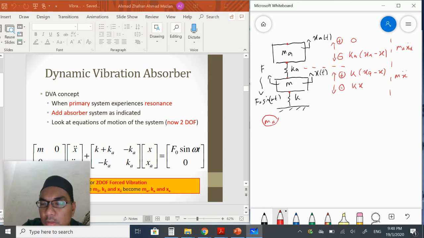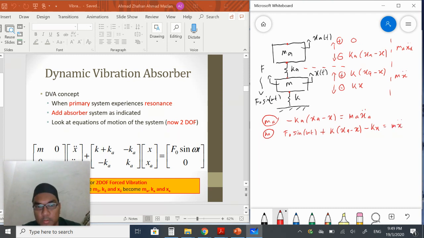From this, we can write down the equation of motion for the MA. The total force is minus KA times XA minus X, equal to MA XA double dot. And for the M, the total force: we have F naught sine omega t in the plus direction, and also in the plus direction plus K times XA minus X, and minus KX, equal to MX double dot.